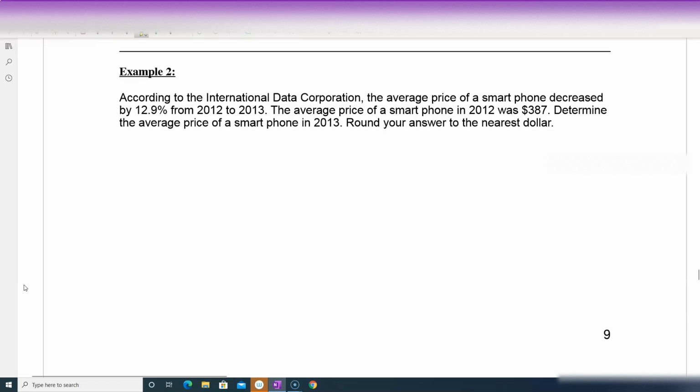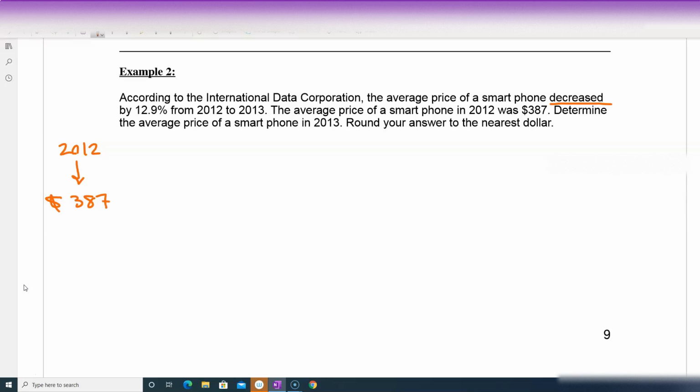Example number 2. According to the International Data Corporation, the average price of a smartphone decreased by 12.9% from 2012 to 2013. And the average price of a smartphone in 2012 was $387.